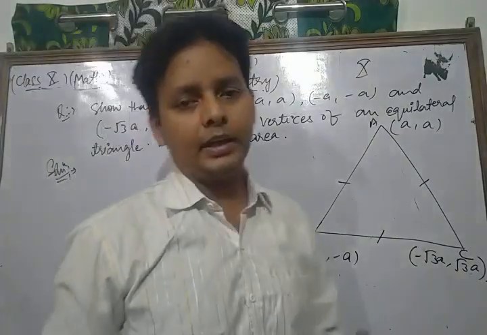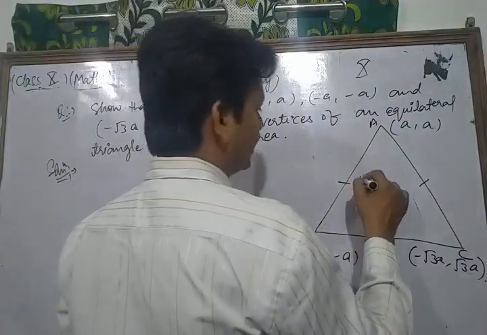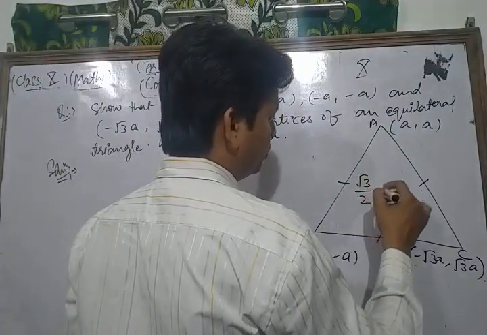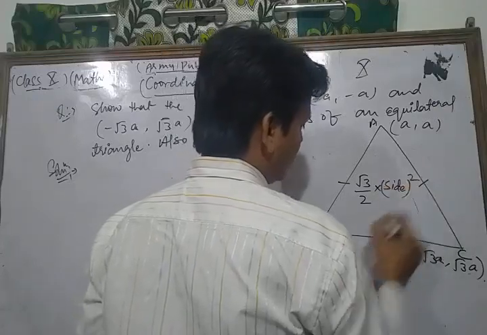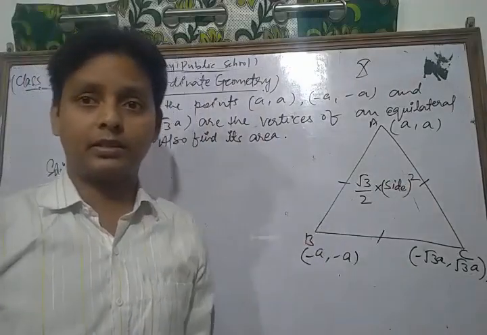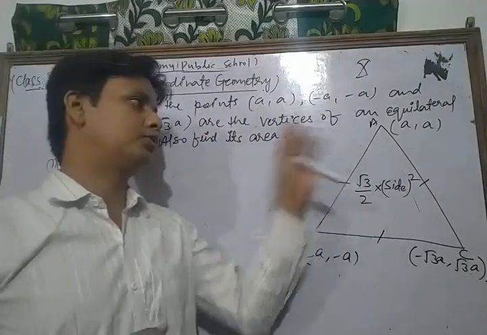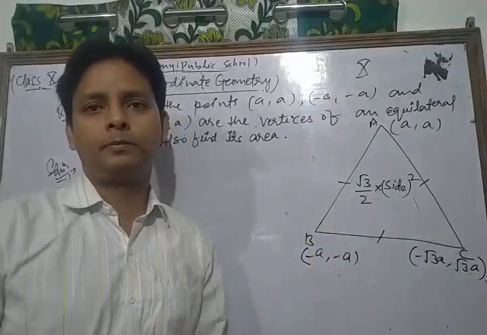You know that the area of an equilateral triangle is √3 upon 4 into side squared. After finding the sides, if all are equal, we show it is equilateral and with the help of this formula we find its area.